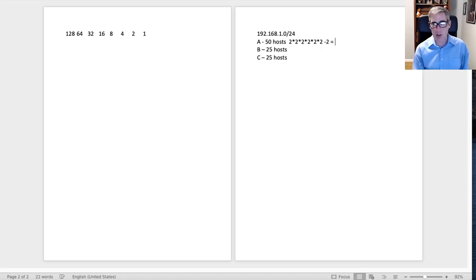So that equals 62. 1, 2, 3, 4, 5, 6. We have 6 host bits to get to 62 addresses. 5 wouldn't be enough, and 7 would be too many. So we're going to use 6 host bits. That leaves us with 2 network bits. So that means that we have a 1, and then zeros.